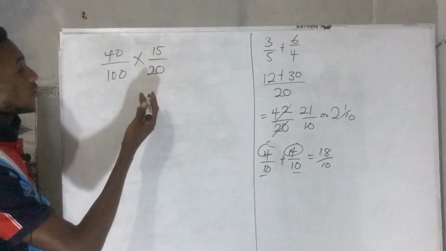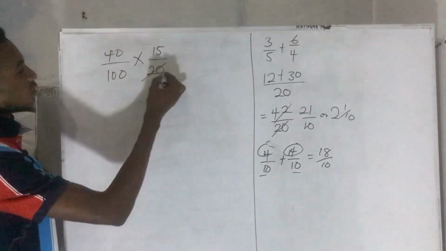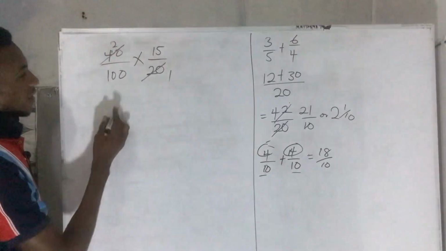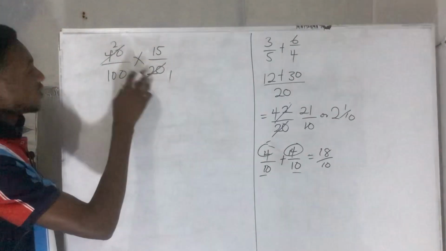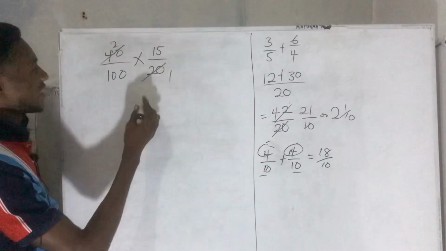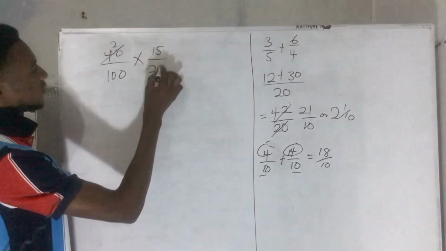So the best thing to do is to look for a common factor. Now, 20 will go into itself once. 20 will go here how many times? 2 times. At times, you can't even remember that 20 can go into this, or maybe per the number that is given to you. So what you have to do is use 2 first.